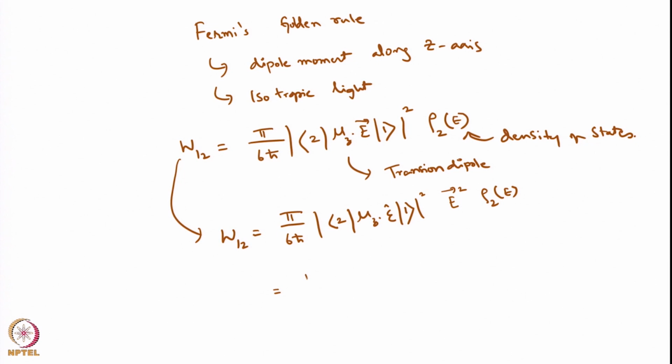So, one can write this as pi by 6 h bar 2 mu z, so only the component of mu z that is aligned with respect to the electric field, 1 square, rho 2.